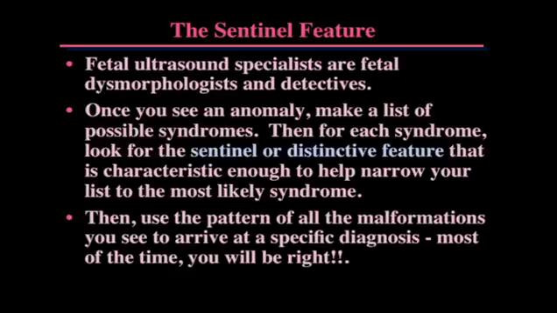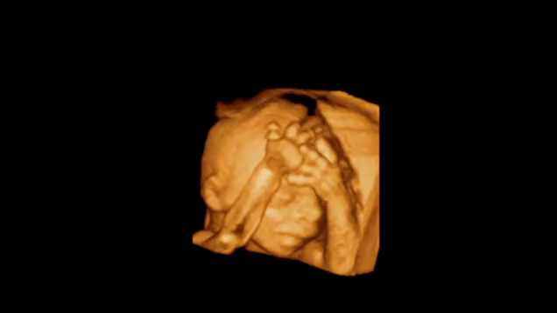Once you see an abnormality, you make a list of the possible syndromes, and then for each syndrome you think of one sentinel or distinctive feature that is going to be characteristic enough to help you narrow that list down to a very few syndromes, or maybe even one. And then you use the pattern of all the malformations that you've seen to arrive at that particular diagnosis, and most of the time you will be right.